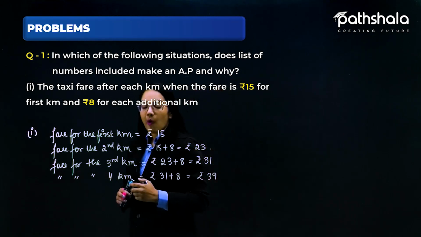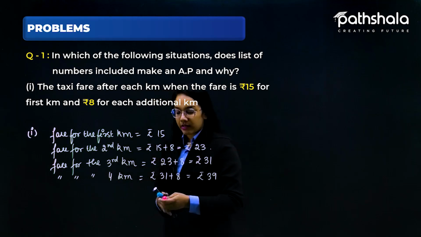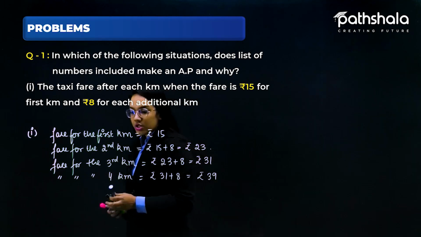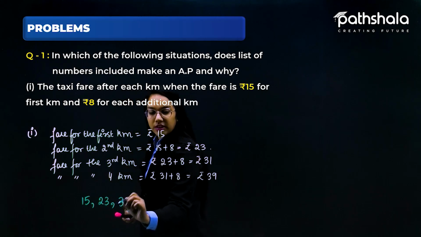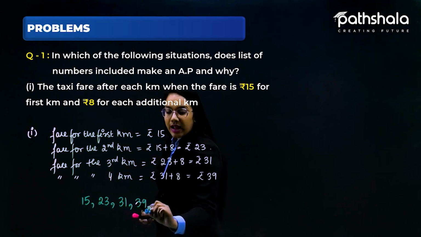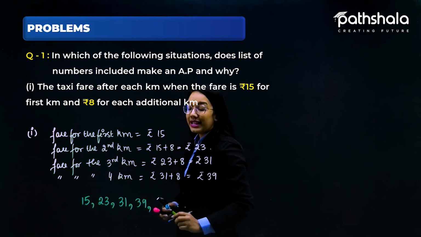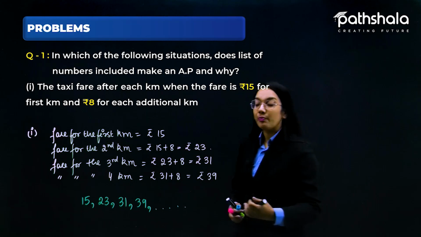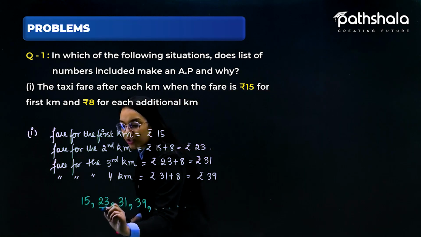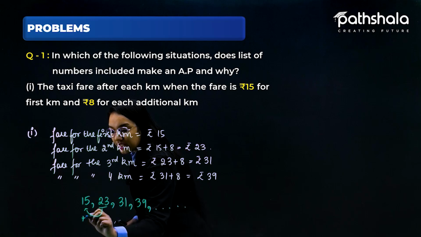So as you can see, all these terms, 15, 23, 31, 39 and so on, give us the same pattern in which the succeeding term is obtained by adding 8 to the previous one.